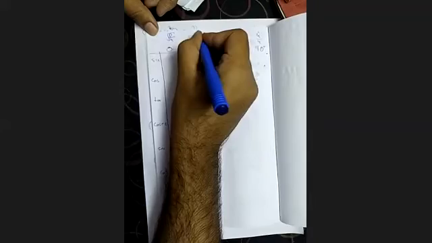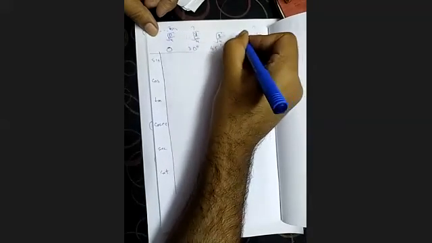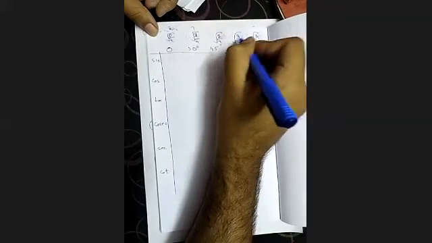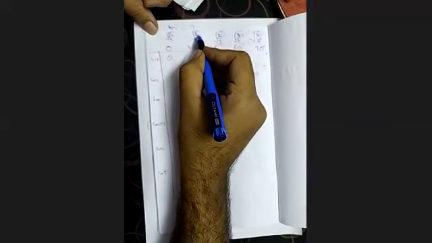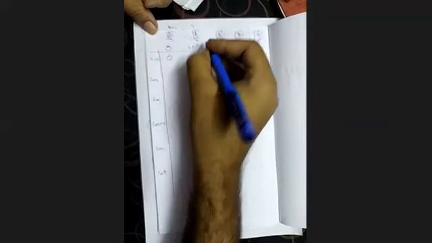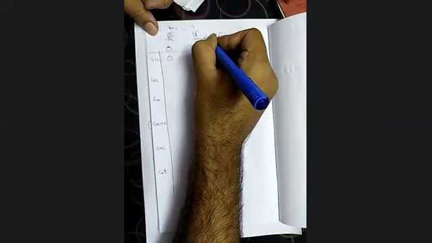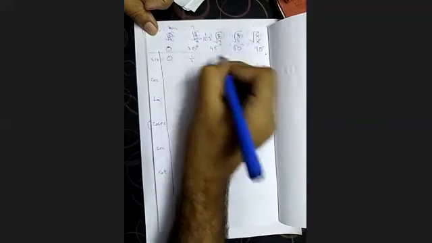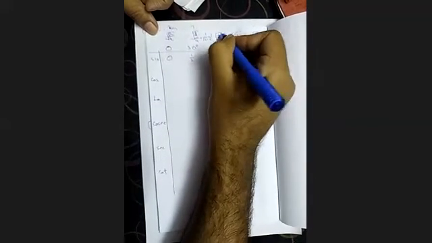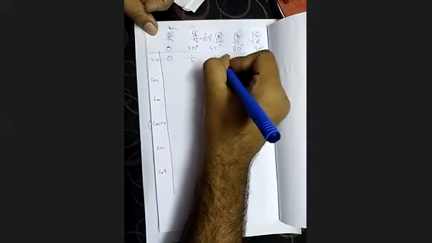Now put the roots. Clear? Now 0 by anything is 0. 1 by root 4 is 1 by 2. 2 by root 4 is 1 by root 2.